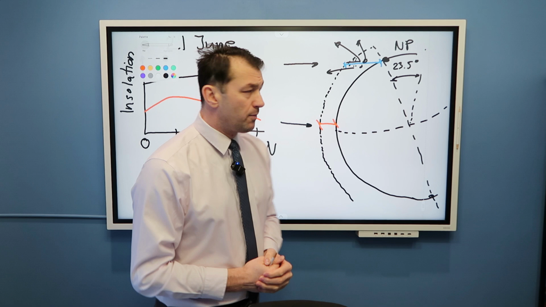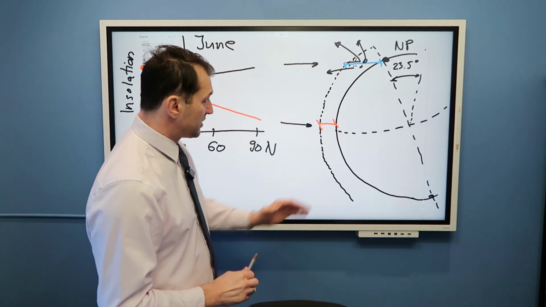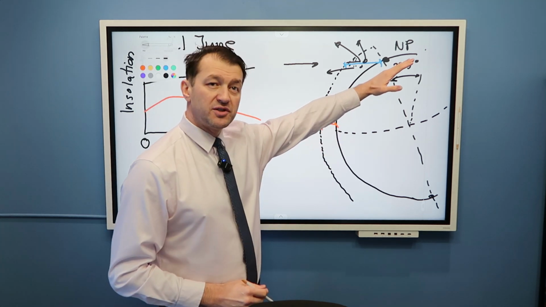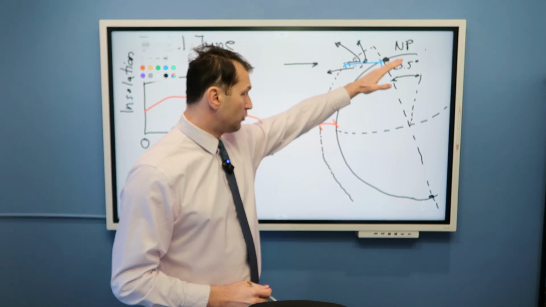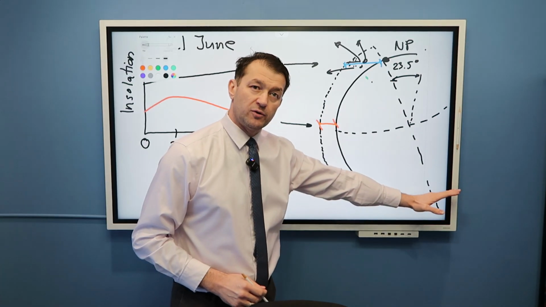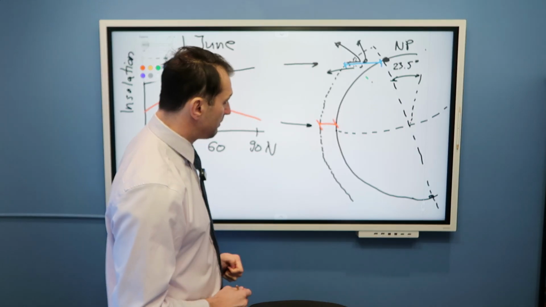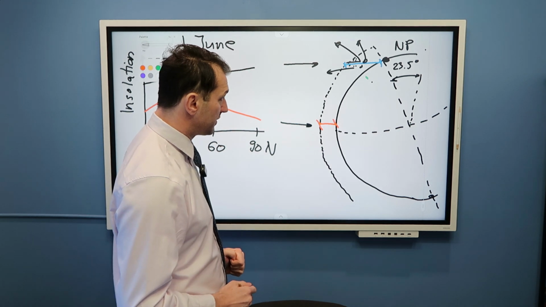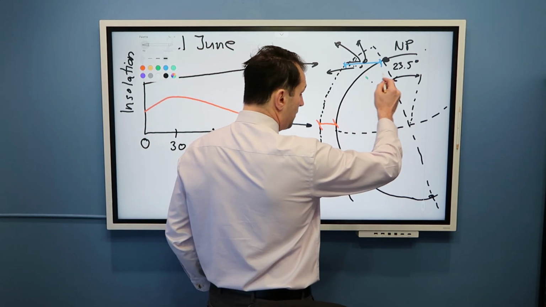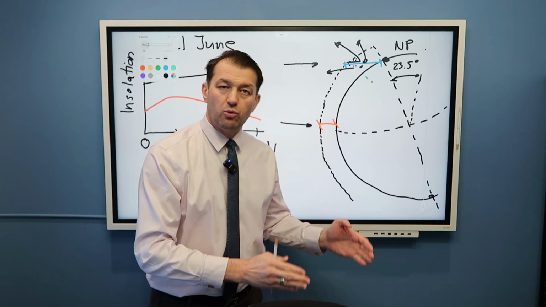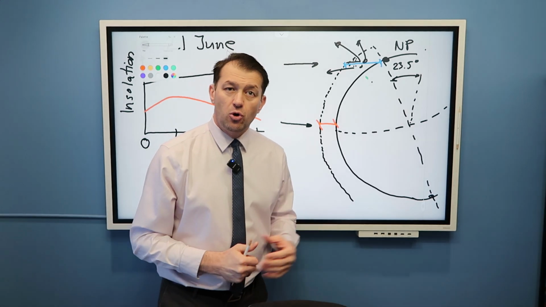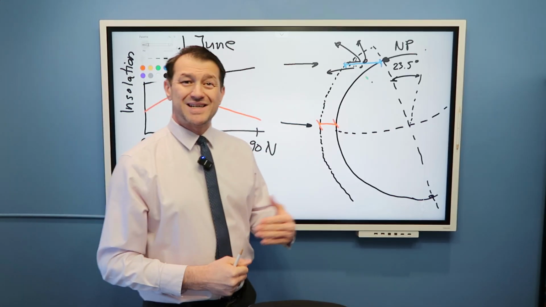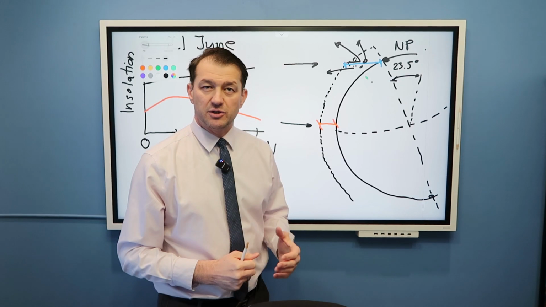Reason number two is also associated with the type of the surface around the North Pole, and the same argument holds for the South Pole when we have summer over the southern hemisphere. Namely, around the North Pole we have a lot of snow and ice, and snow is very good at backscattering light in the visible spectrum.